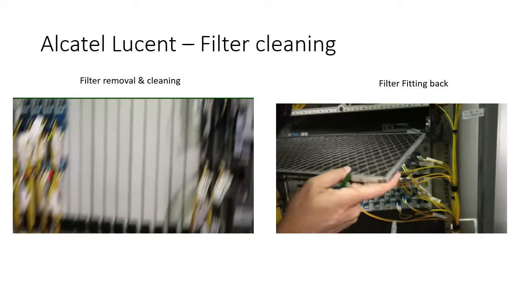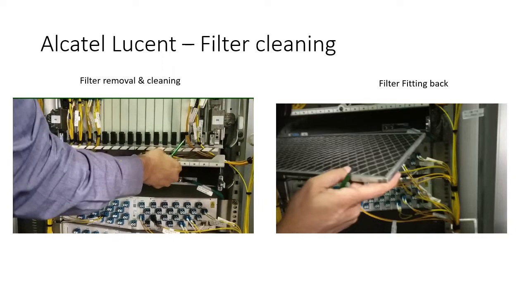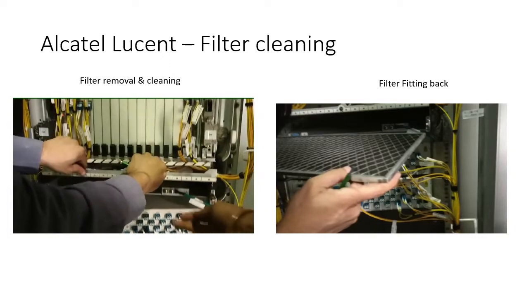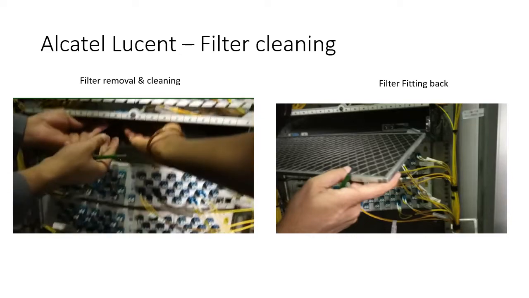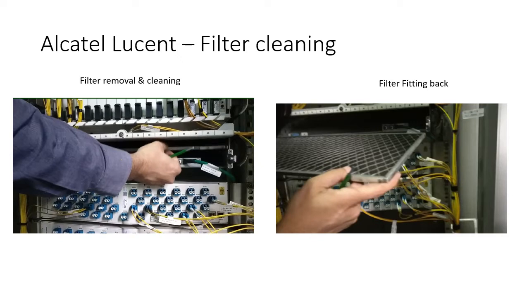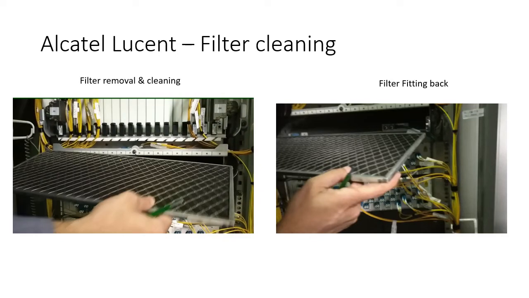The utility team has to ensure that proper air circulation is happening. In case of any issue, they have to call the right person to remove this filter and clean it. Cleaning of the filter has to be done outside the shelter so that dust does not get circulated inside the shelter.